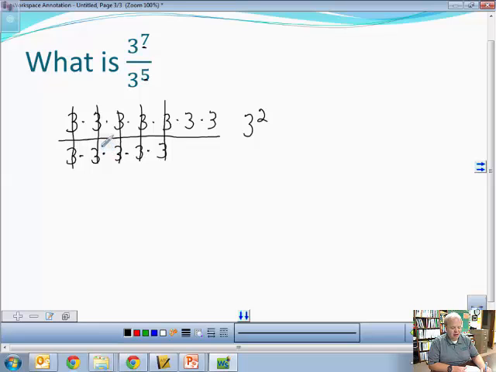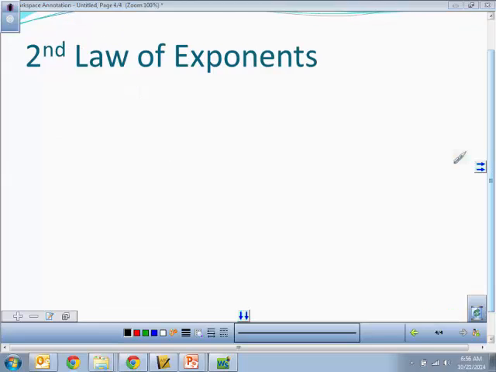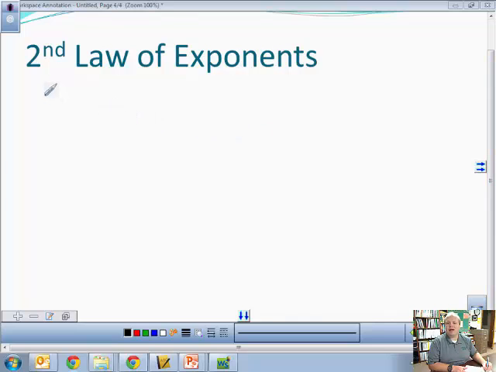Now, let's look at the second law of exponents. So the first law talked about multiplication. The second law is going to talk about division. So I'm going to have a to the x divided by a to the y. Notice the bases must stay the same. So if I want to simplify this, I go a to the x minus y.